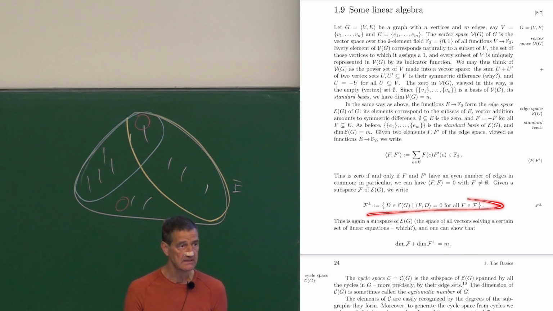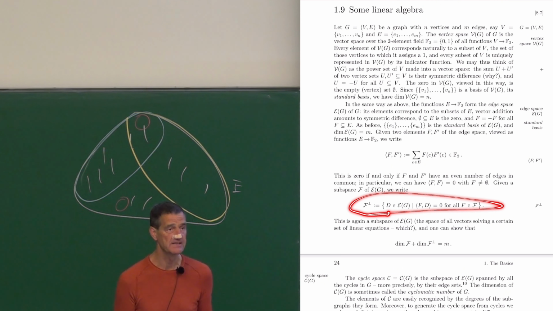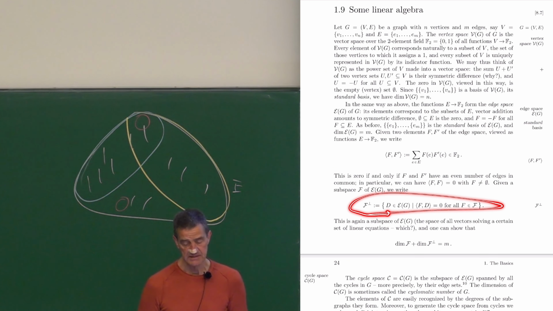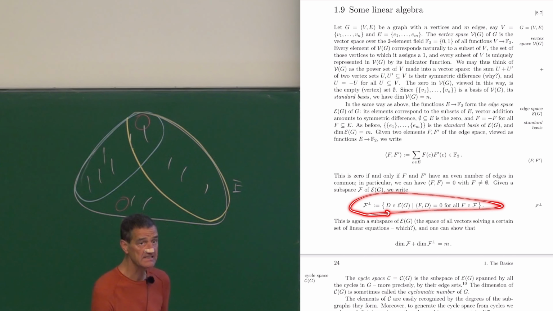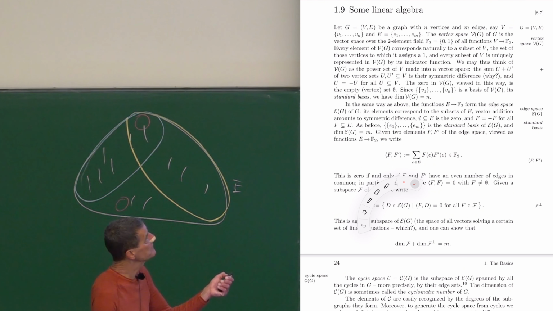Now there's also something like an orthogonal space for every subspace. So consider an arbitrary subspace, curly F, of the edge space, curly E. Then the space orthogonal to that consists of all the elements of the edge space that are orthogonal to every element of this given subspace, right?